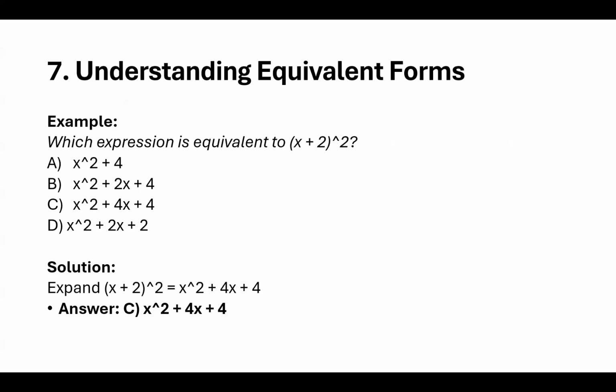That is x squared plus 4 times x plus 4, right? So please memorize the equivalent forms. That is how to expand the square terms of the other variables, right?